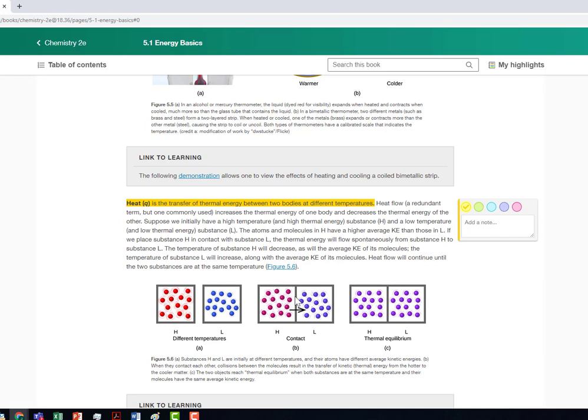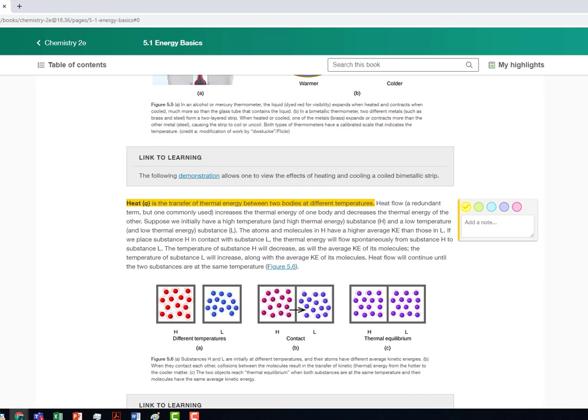The molecules at the higher temperature start to vibrate a little bit less, the molecules at the lower temperature start to vibrate a little bit more, and eventually they end up at the same spot. We call this thermal equilibrium, when the two objects end up at the same temperature. So heat flows from high temperature to low temperature, and that heat flow is a transfer of thermal energy, and it will happen until they end up at the same temperature.